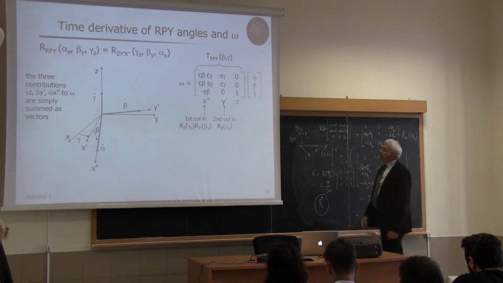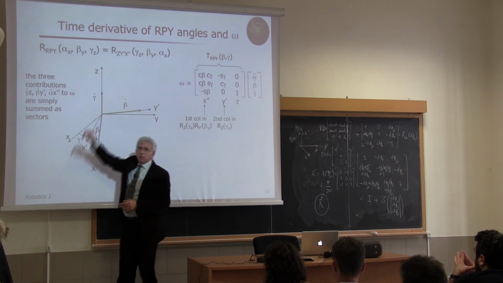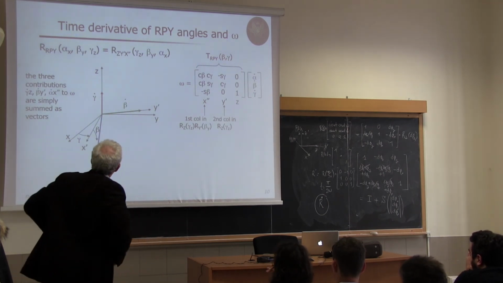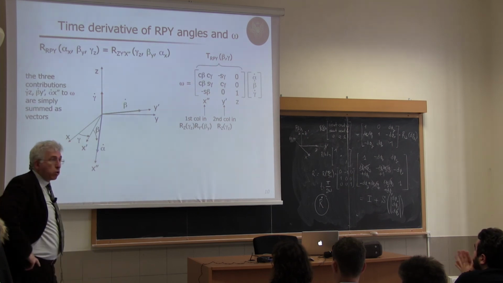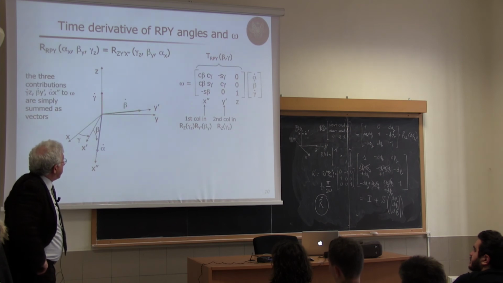So this matrix, I will call it T, has nothing to do with the homogeneous transform. You can call it whatever you wish, but we made this transformation because we were interested in the derivative of the three angles alpha, beta, gamma of a roll pitch yaw sequence. So I'm writing roll pitch yaw like there.